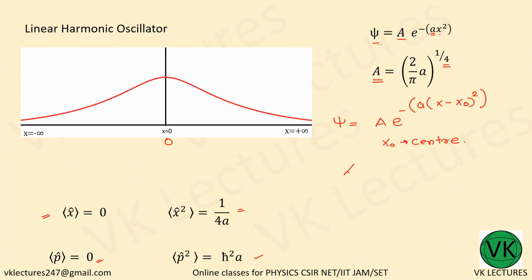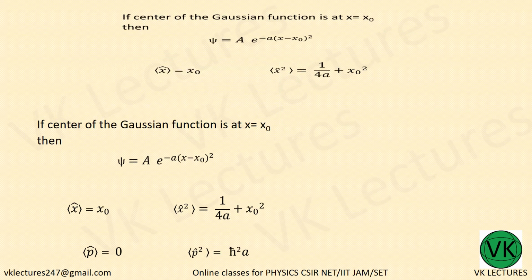Then the expectation of x will be equal to x0. If the center is not 0, then the expectation of x is nothing but the center of the Gaussian function.